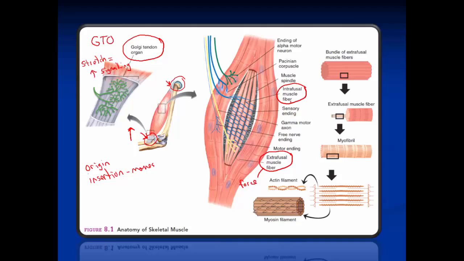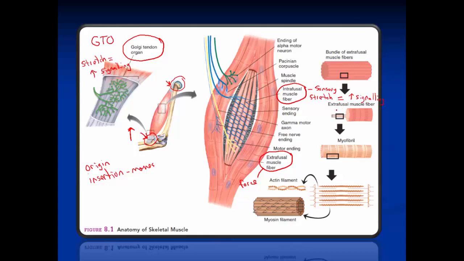These intrafusal muscle fibers are going to be in this thing called the spindle. These intrafusal muscle fibers are primarily sensory. These are also stretch receptors. So when this muscle fiber is stretched, I get increased signaling.